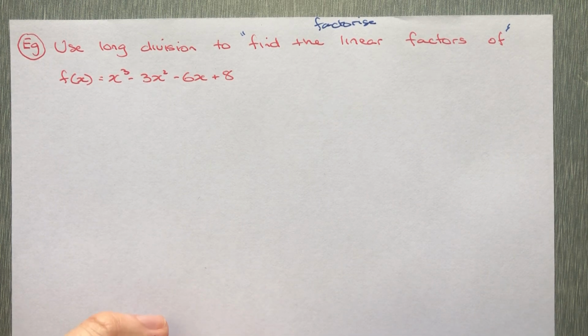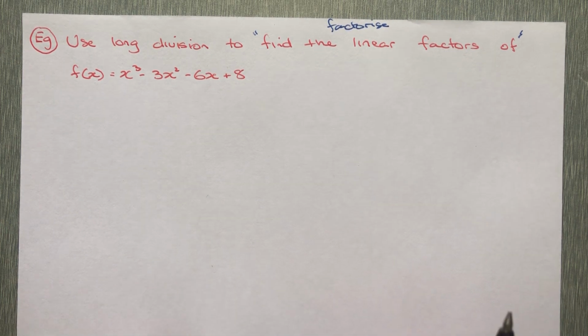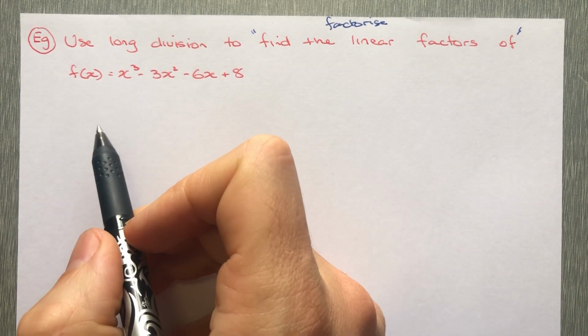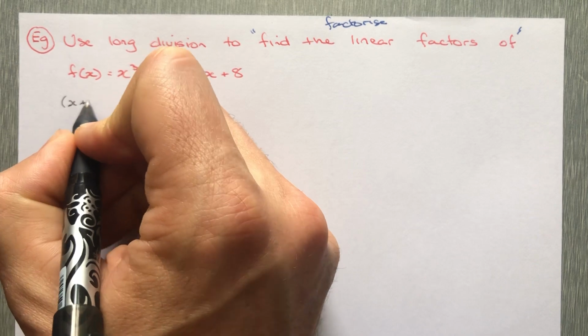So with this question, and to find factors, it's a little bit annoying because you have to do a little bit of trial and error. So firstly, I want to see if, let's just say, x plus 1 is a factor.